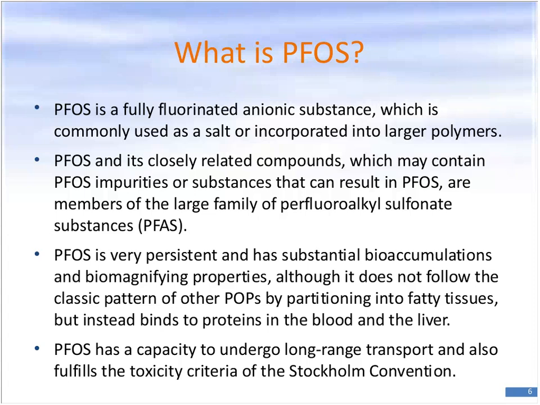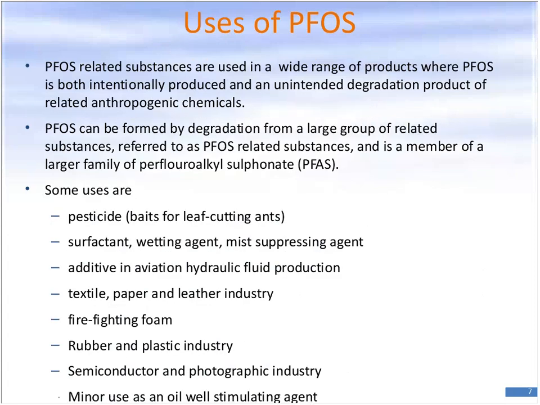They were bound to fatty tissues, but PFOS instead is more inclined to proteins, and therefore certain organs within the human body, for example, might be affected, as the liver, for example. So PFOS also has the capacity of long-range transport, and most important issue is that it unfortunately fulfills all the toxic criteria on the Stockholm Convention, and that is why it was listed.